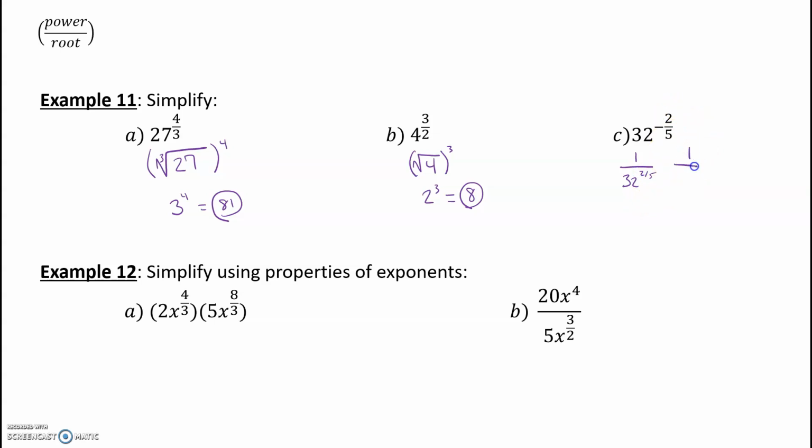So we have 1 over, again, power over root, so it's a 5th root of 32 raised to the 2nd power. So the 5th root of 32 is 2, because 2 times 2 times 2 times 2 times 2 gets me 32, and squared. So 1 over 4.